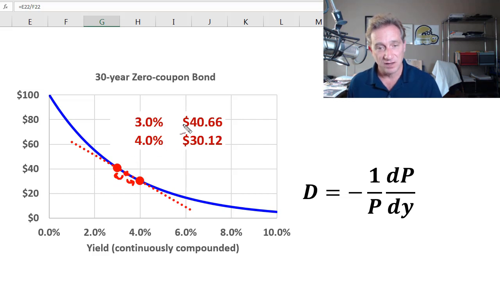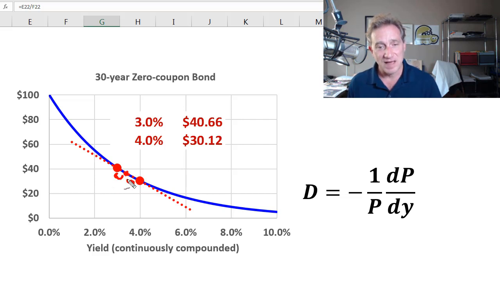I retrieve the prices of the bond, and that's right here. So at 3%, my bond has a price of $40.66. At 4%, my bond has a price of $30.12. So those are the 2 points.